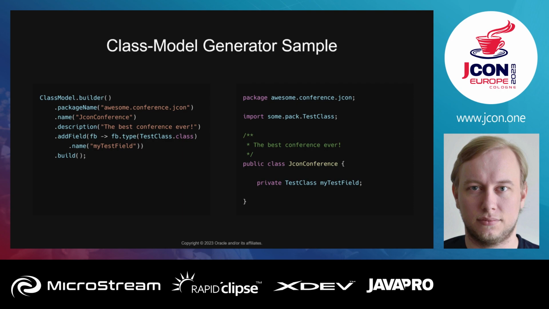This field is of some test class, which comes from a different package than the one this class is created in. And we called it my test field, nothing too complex here. And as you can see, this is the result when you generate a class.